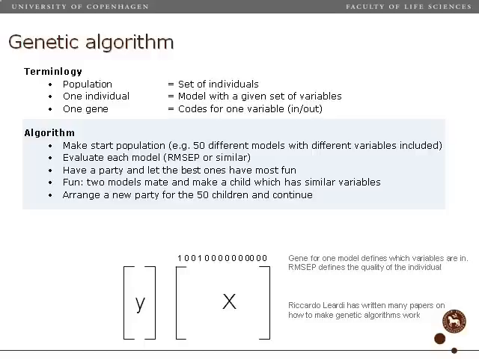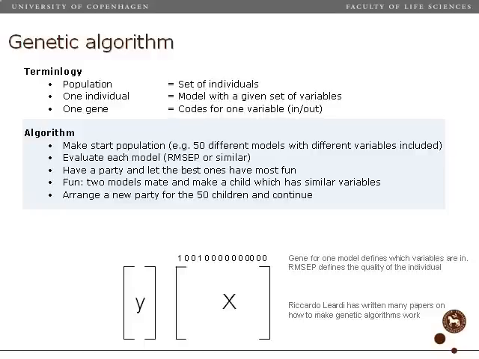We have genes, and the genes define what variables are used. So it's simply a dummy vector with as many elements as we have variables, as shown in the figure below. If we have a 1 in the gene, that means the variable is included, and if we have a 0, then the variable is not included.